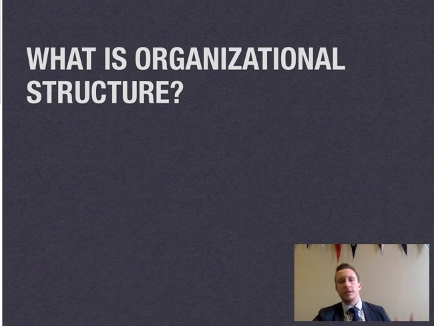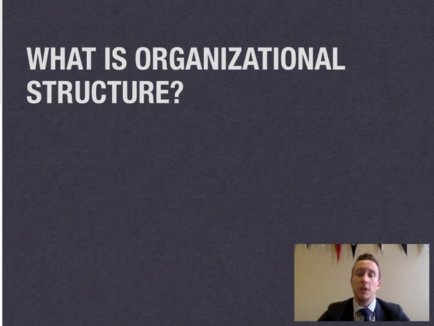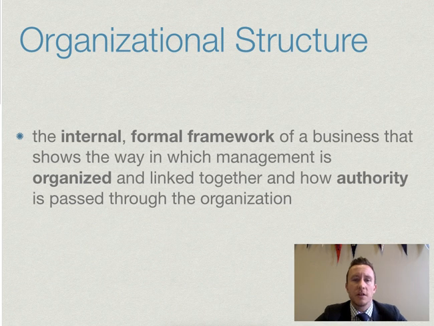So the first thing is, what is an organizational structure? Hopefully you have read and you understand what it is. I know we drew one on the board the other day, just rough, but what is it? Really, it's an internal formal framework of a business that shows the way in which management is organized and linked together, and how authority is passed through the organization. So you want to think about the words that are bolded here.